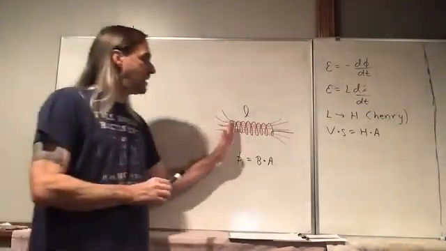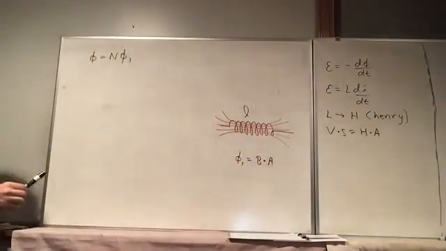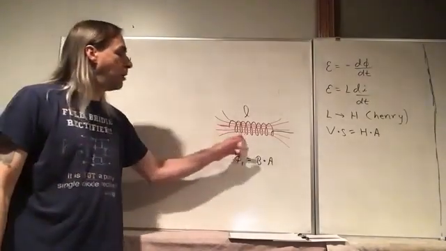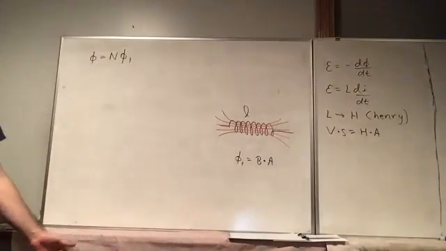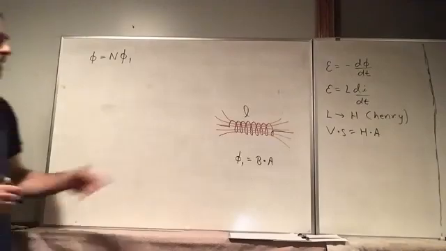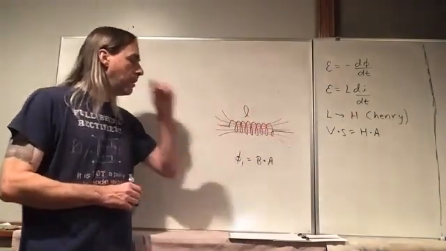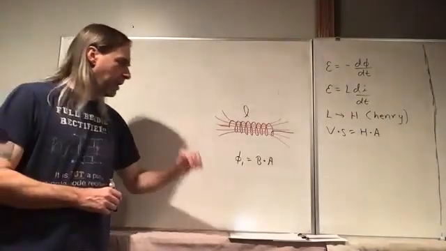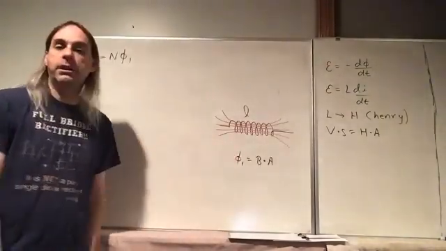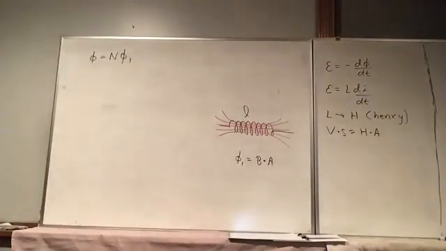So we're assuming the same flux through each coil. If we have N coils, we just find the flux through a single coil and multiply by the number of coils, or number of turns. It might not be true for the edges when things spread out. An alternative way of looking at it is to say phi 1 is the average flux for each coil.